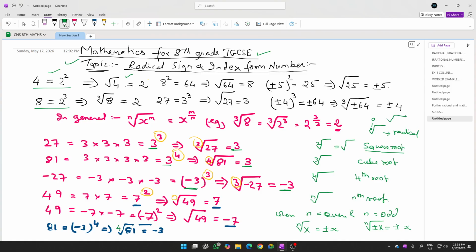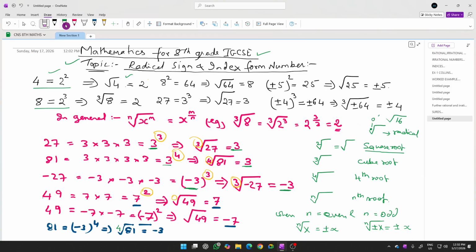In this radical sign, if you don't have anything, suppose it is 16, you don't have to assume that here there is a 0 or a 1. That number is 2, but we don't write that 2.